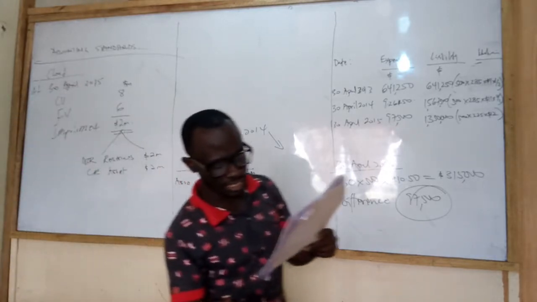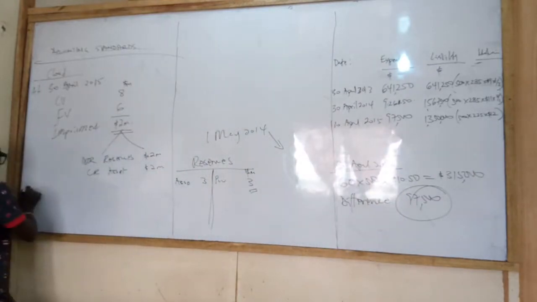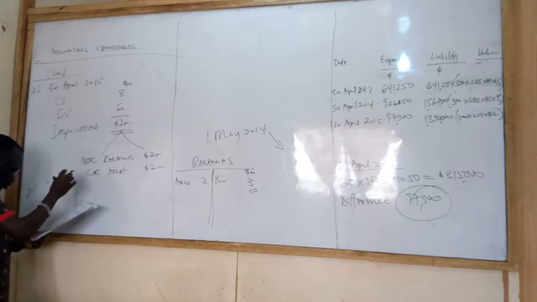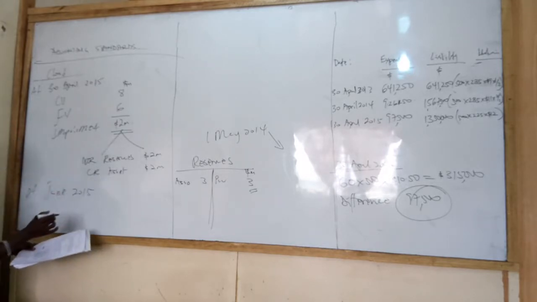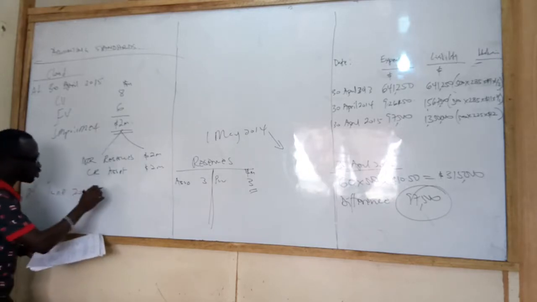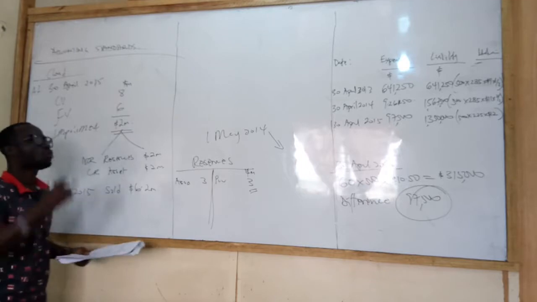It says that the steel was finally sold, so at June 2015. I think that is just a month after that. It was sold for how much? 6.2 million. So what is happening?